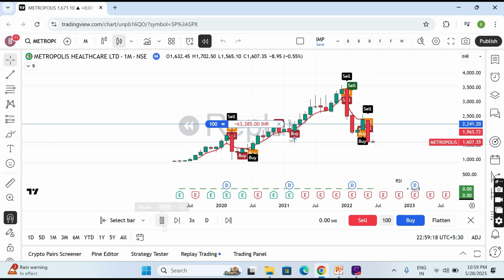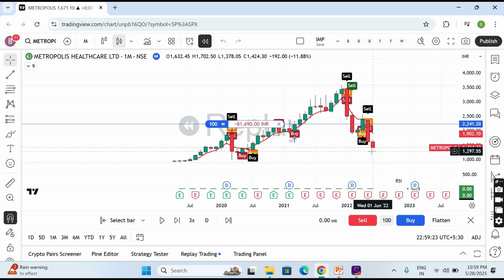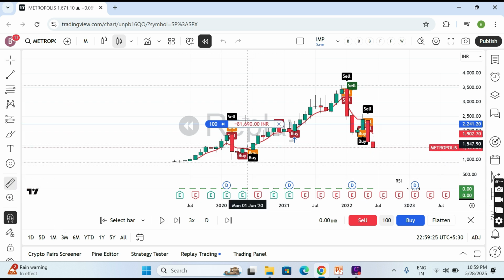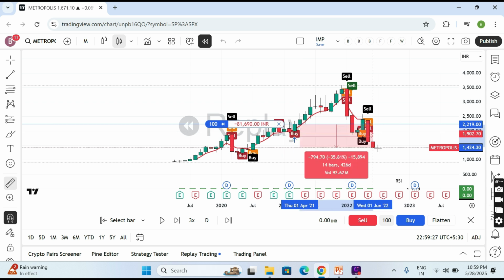And finally, as you can see, he will sell somewhere over here, and the final loss that particular person is facing is almost 35%. So if he had invested 100%, almost 22 lakhs 20,000 for 100 stocks, out of that almost 35% or 36% he has lost.